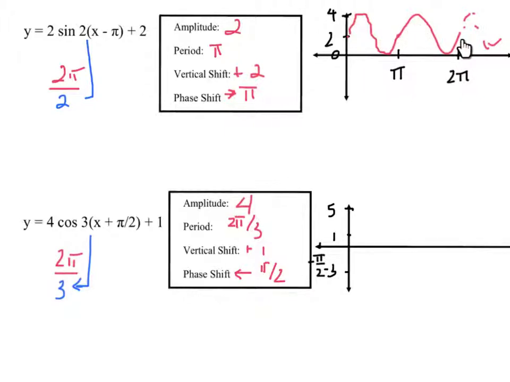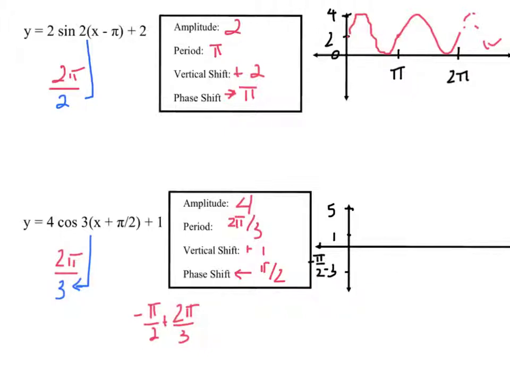That's not as easy here because it started at negative pi over 2 and one period is 2 pi over 3. So I like to add those together so that I can see where it's going to end up. Here's where it started. Here's one period. So where should I mark on my graph that it ends?